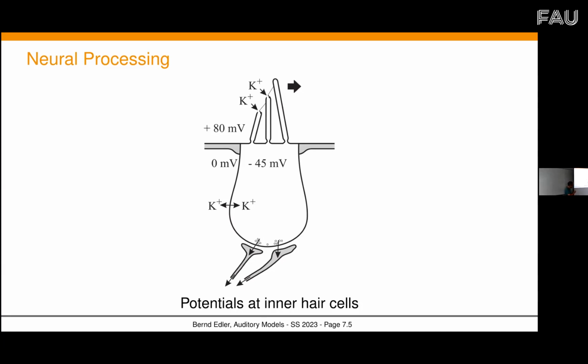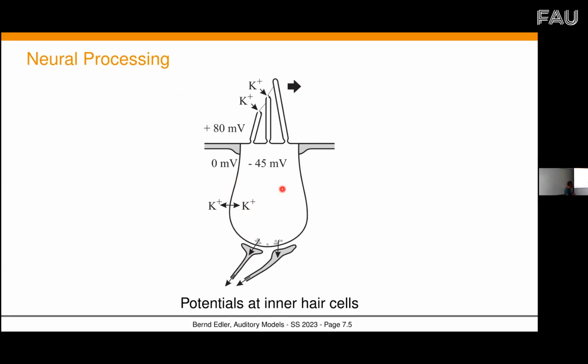Only the vibration in one direction has some impact on the potential of the hair cell. Then we have some kind of chemical or electrochemical processes going on, depending on how fast this diffusion works.